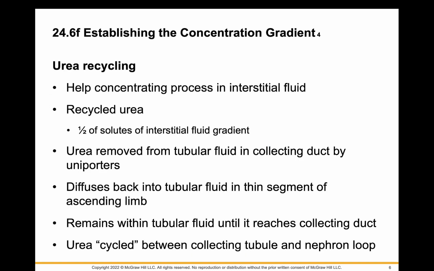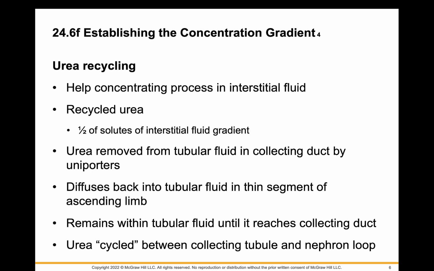Now, another thing to keep in mind here that plays a role in the establishment of the concentration gradient is something known as urea recycling. And what this is doing, there is a recycling of urea. About half of the solute in the interstitial fluid gradient is urea. Now, urea will be removed from the tubular fluid in the collecting duct by uniporters, making its way into the interstitial fluid.